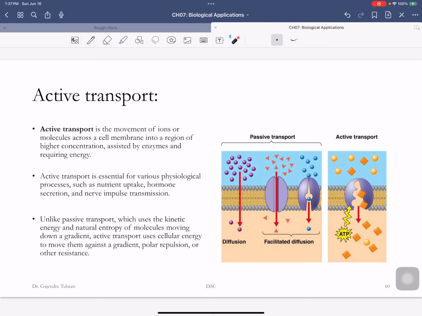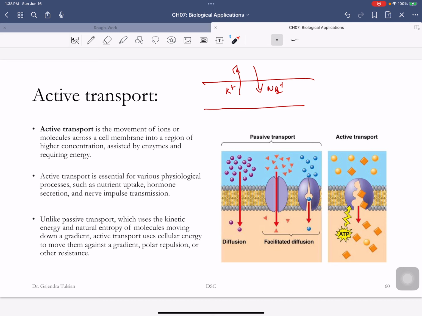Another example is hormone secretion. So if you want to secrete hormones to the outside from a cell, even though the concentration is higher, you still want to keep pumping out hormones. And nerve impulse transmission. During nerve impulse transmission, there's ion motion across the neuron wall, and so potassium and sodium ions move into and outside the neuron.